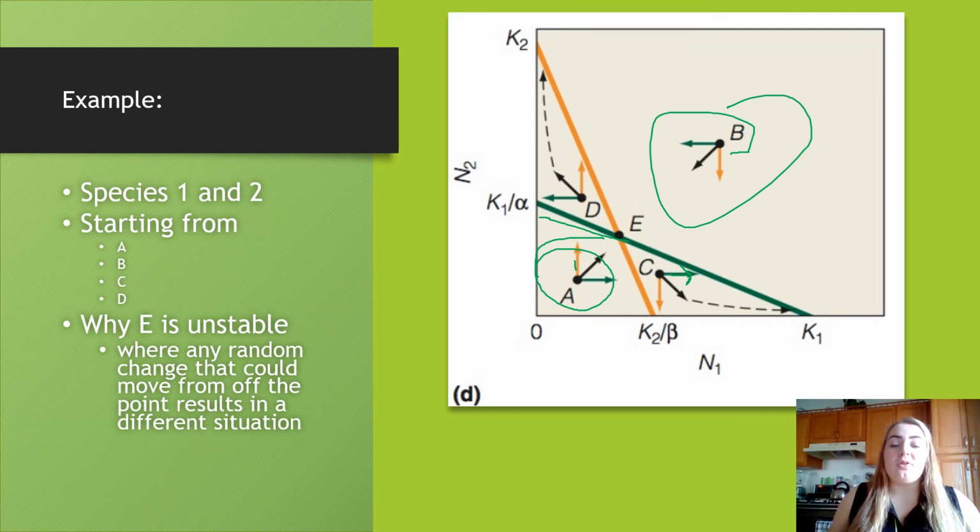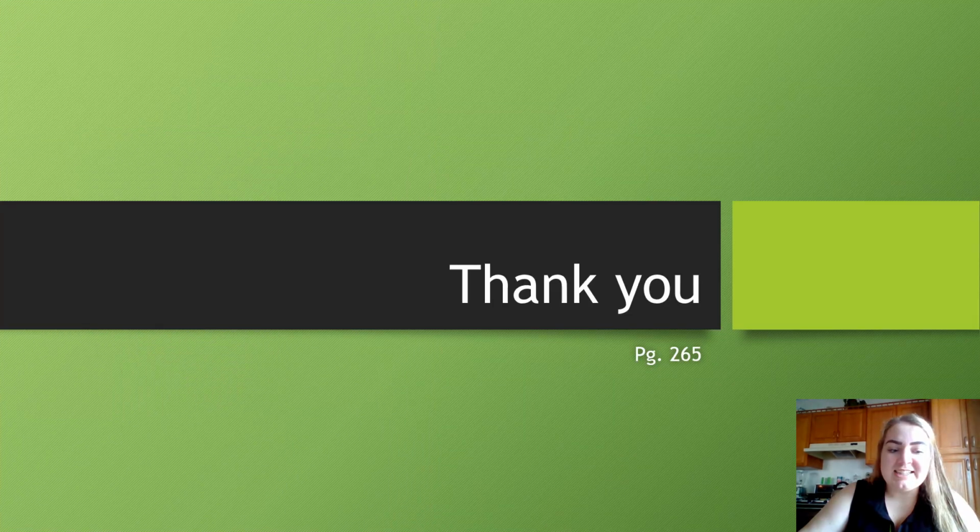Anything that could alter the populations or the environment at all will remove us from point E. We could easily be put at point C or point D, and that is why it is unstable, and all arrows will be pointing towards the carrying capacities, where it results in the extinction of one species.